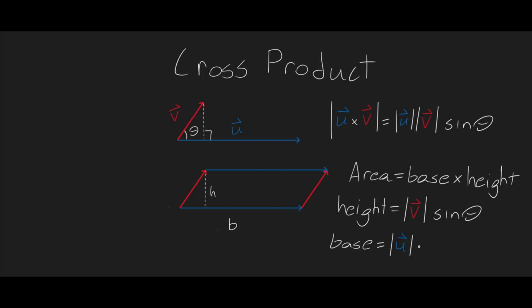When you multiply both of them together, you're left with the area of the parallelogram. So that's why when you take the cross product and take the magnitude of it, you are left with the area of the parallelogram.